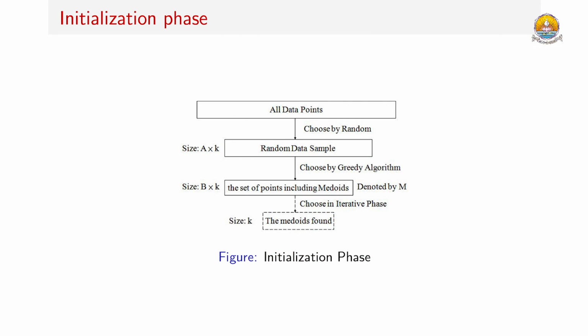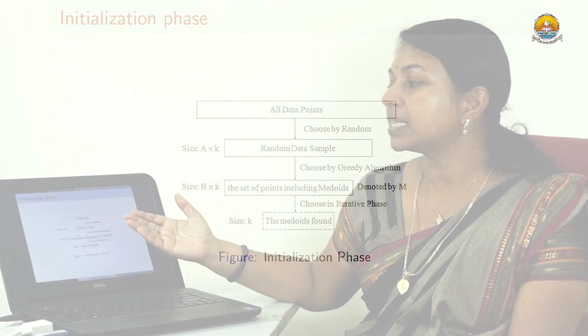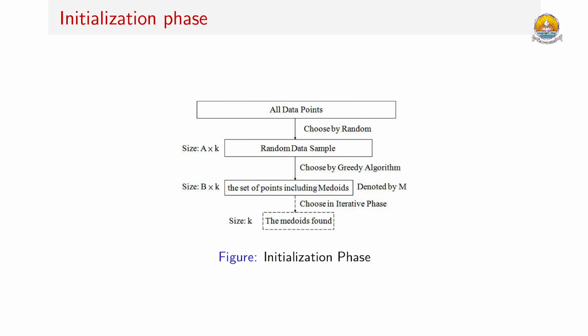The initialization phase is to find the potential set of Medoids, and this follows a greedy approach. Let us consider that we have n data points, and randomly we choose a sample of those data points, which I call a dot k, where a is a large number. Based on this random sample we again find Medoids.